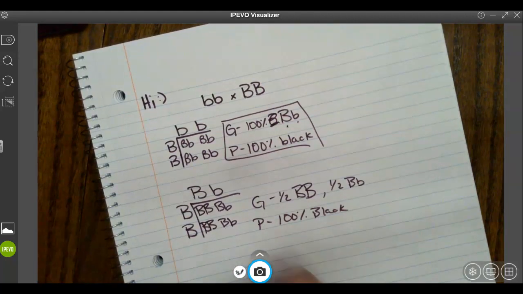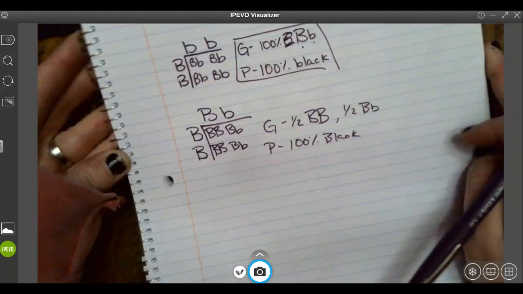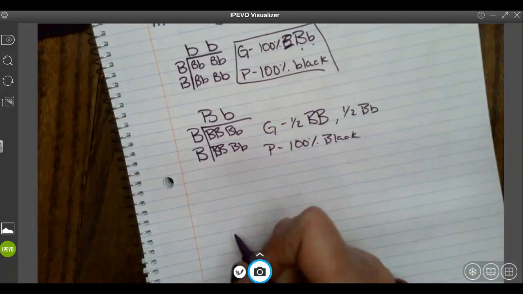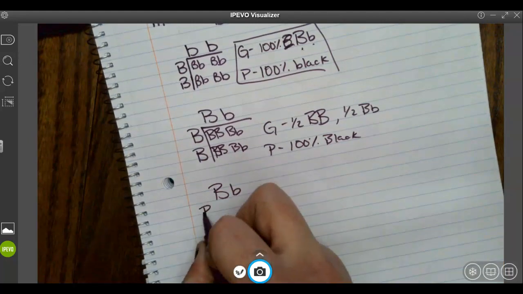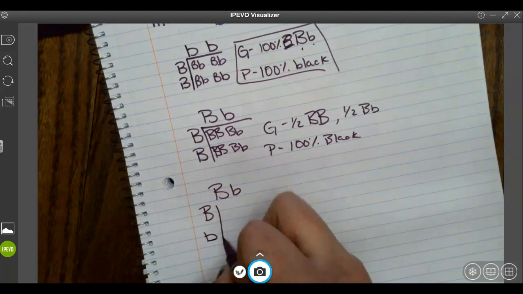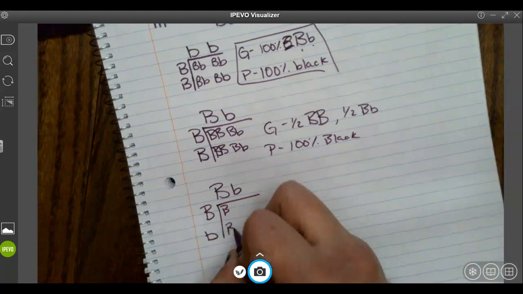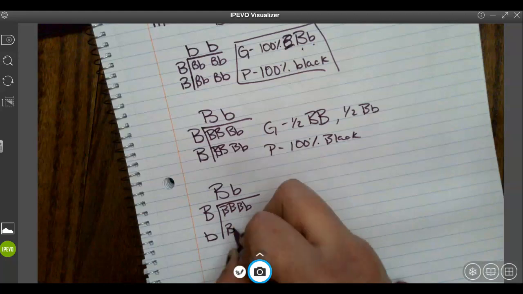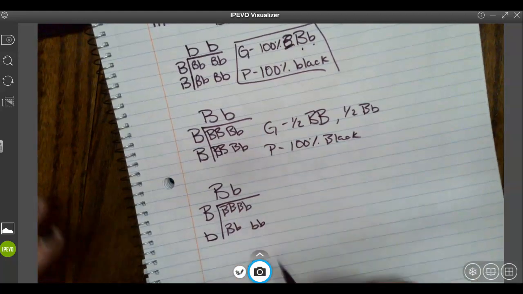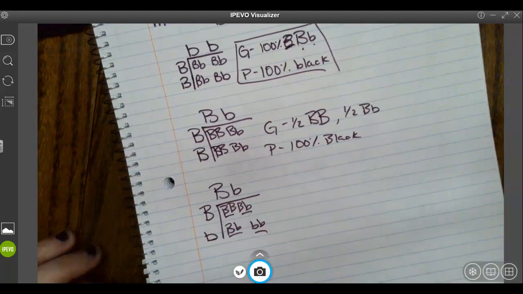Okay. So number 3 says that we've got a heterozygous black, and we are going to have babies with a heterozygous black. So I will bring my big B down, my little b down, my big B over, my little b over, to where I have these 4 babies.